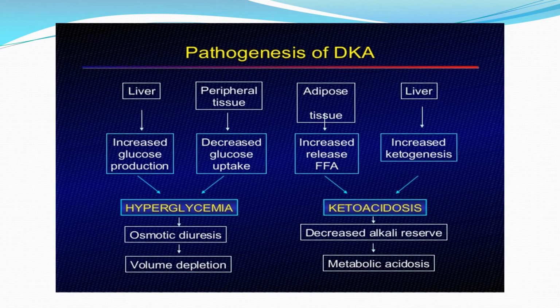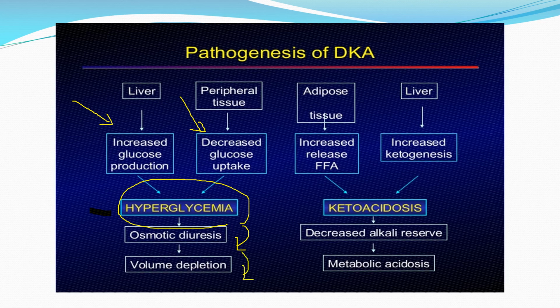And this is a nice diagram which explains the pathogenesis of diabetic ketoacidosis. What we have here is hyperglycemia and ketoacidosis. The hyperglycemia is caused by increased production of glucose from the liver by enhancing gluconeogenesis, and diminished utilization of glucose by the peripheral tissues, ending in hyperglycemia, which will result in osmotic diuresis, and this will result in volume depletion.